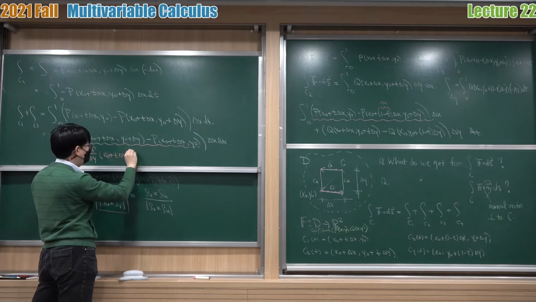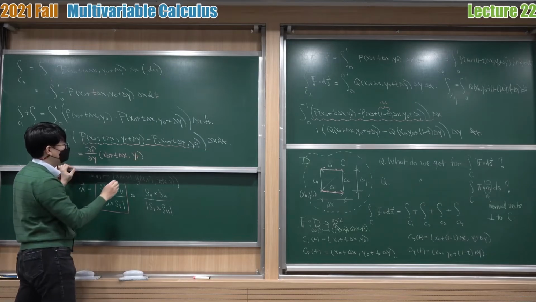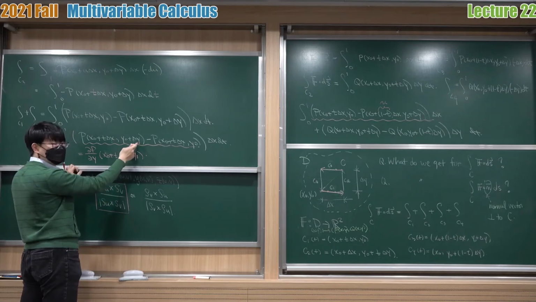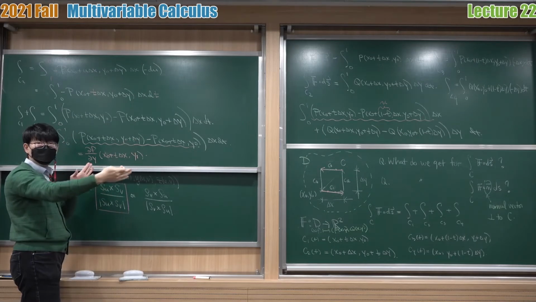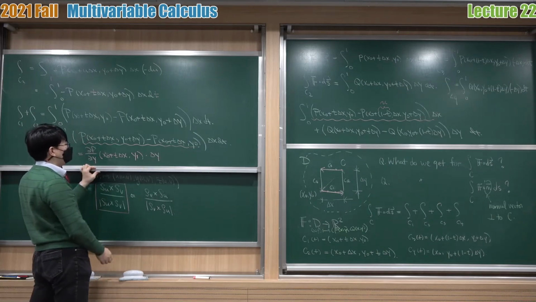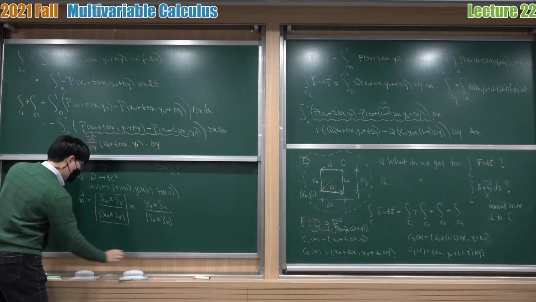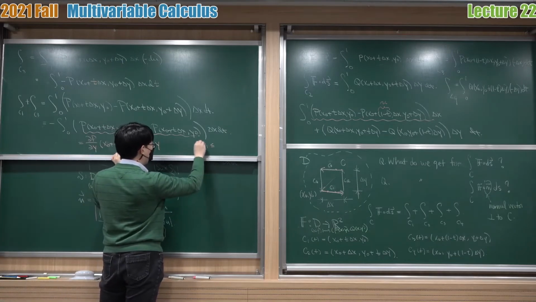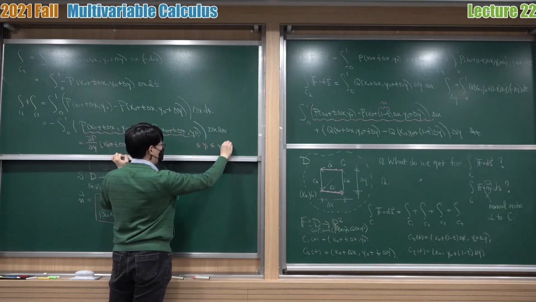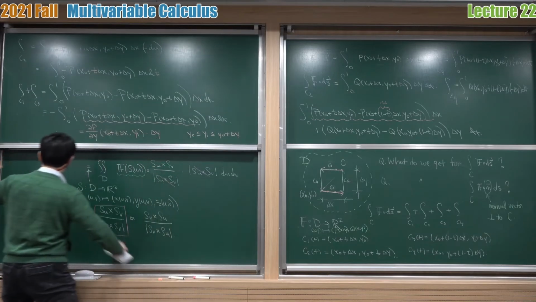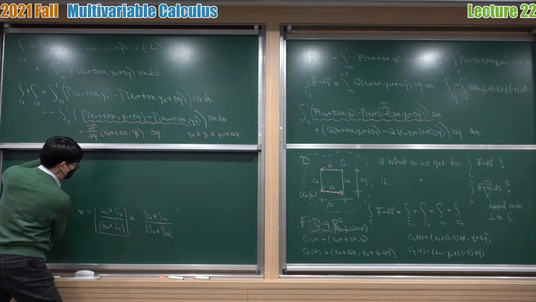I'm going to call that y1. Then multiply that with delta y, because we are looking at the difference between y0 and y0 plus delta y.